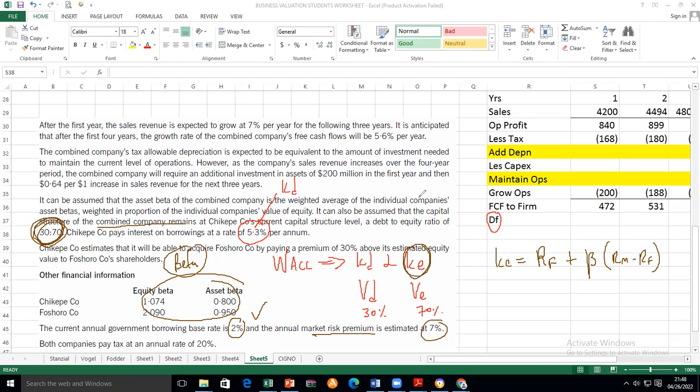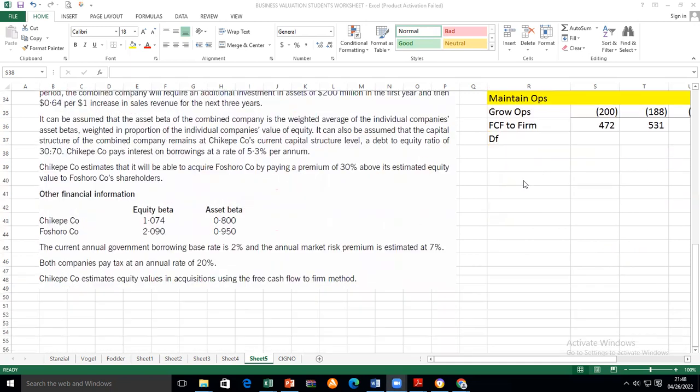So let us now conclude our core question. Now we are looking for a weighted beta. So we go.